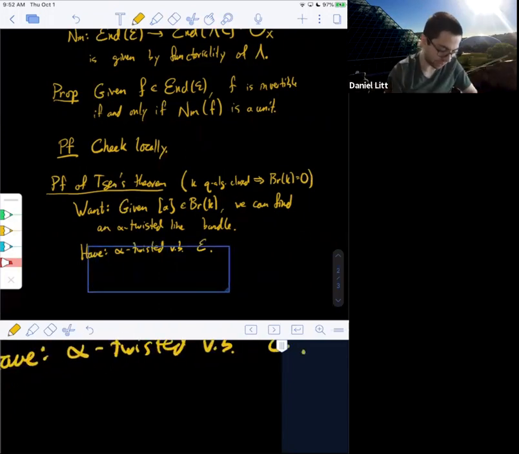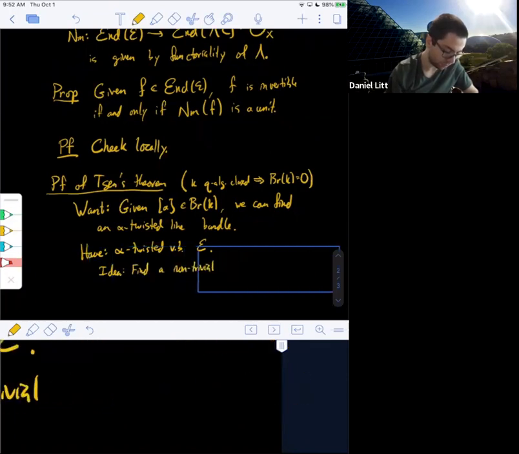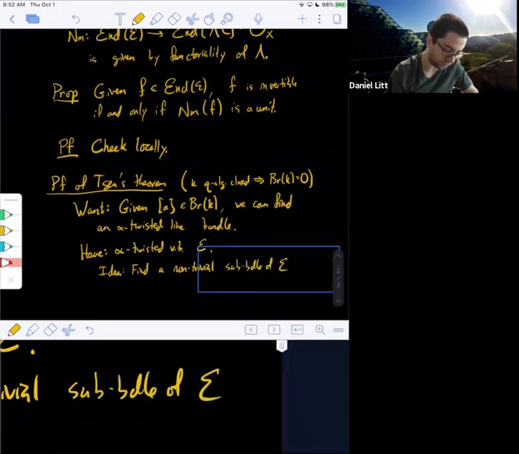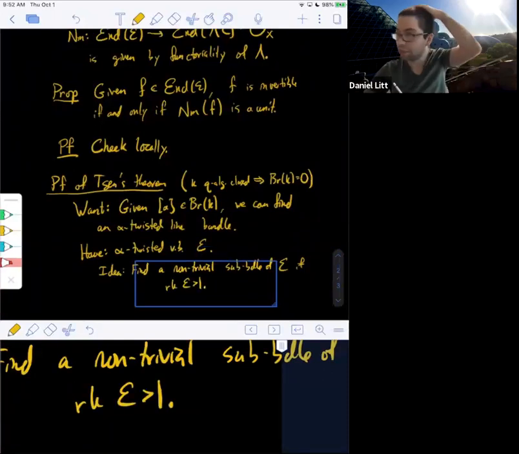And so the idea is to find a non-trivial subbundle of E if the rank of E is bigger than 1. And if we can do that, we win, right? Because then we can keep going until we get something of rank 1. Does everyone agree that this strategy sounds plausible?